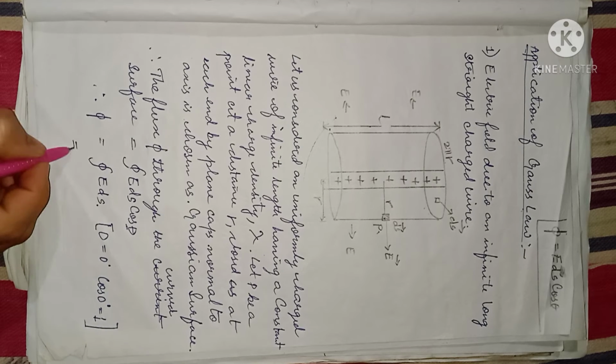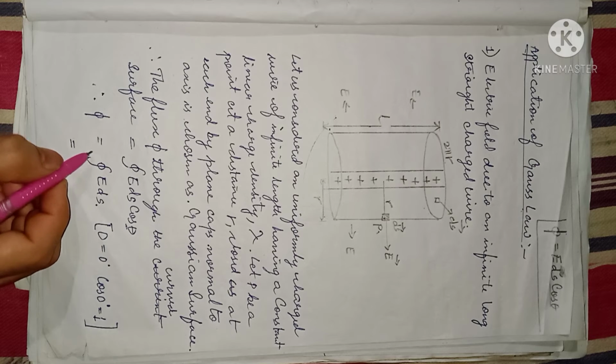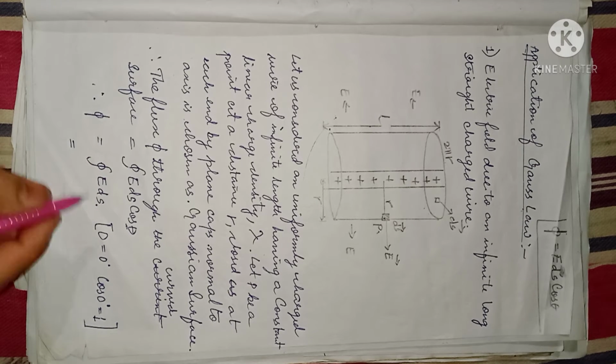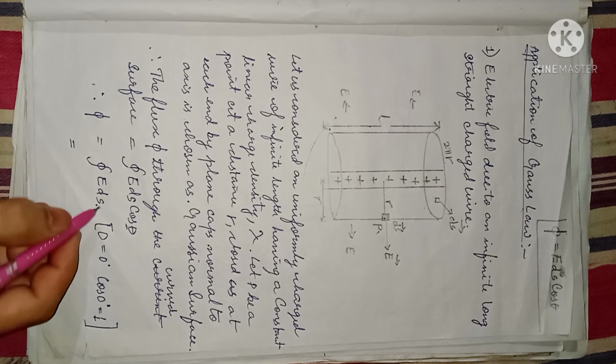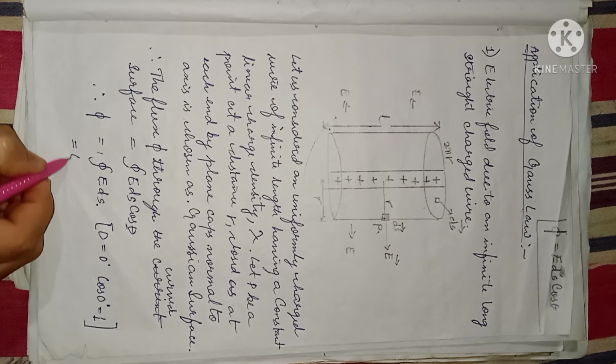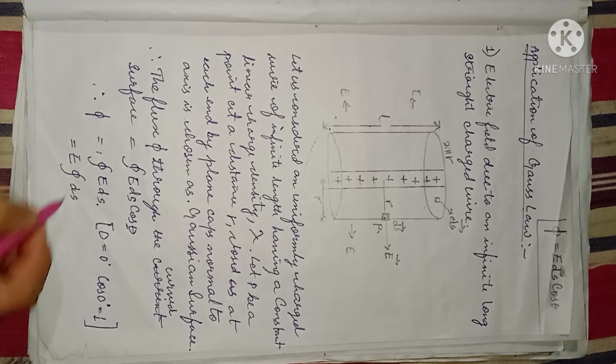Now if you integrate this, since I think you have not learned about integration till now, or if you have, then the closed integration of E dS will be equal to, E will come out, and the closed integration of dS. dS means what?